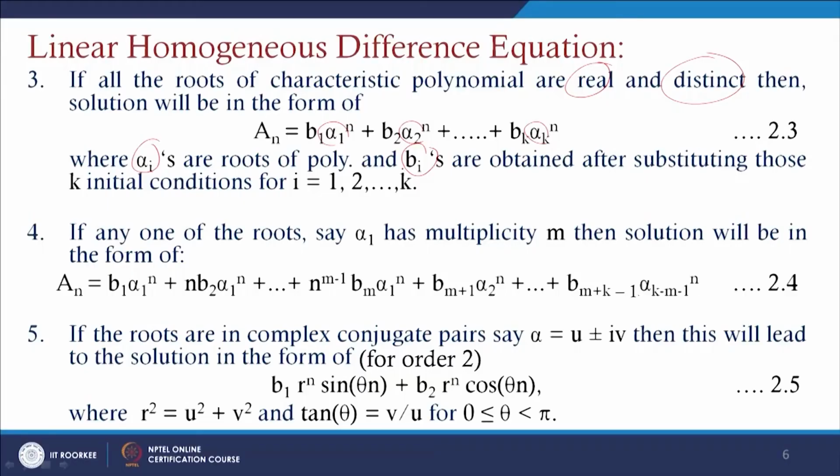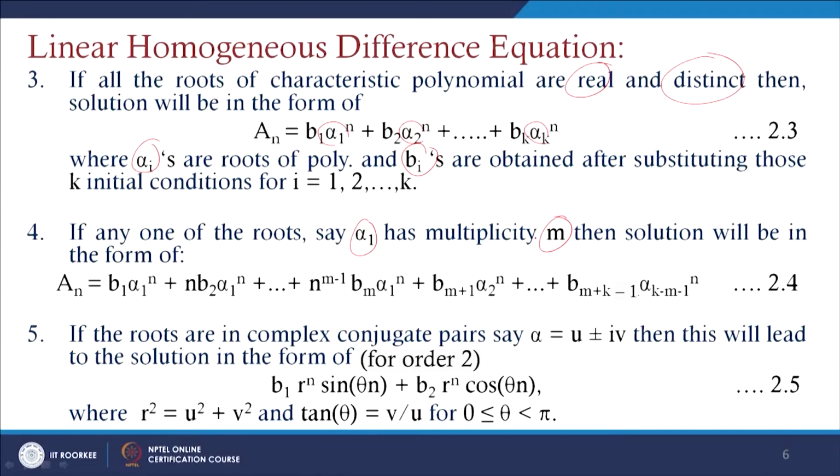If any one of the roots, say alpha1, has multiplicity m, for example if a double root exists and both roots are the same, then the complete solution of this equation will be of the form a_n equals b1 alpha1 to the power n plus n b2 alpha1 to the power n, and so on. Considering multiplicity m, we will have n to the power m minus 1 times bm alpha1 to the power n, plus b_(m+1) alpha2 to the power n.